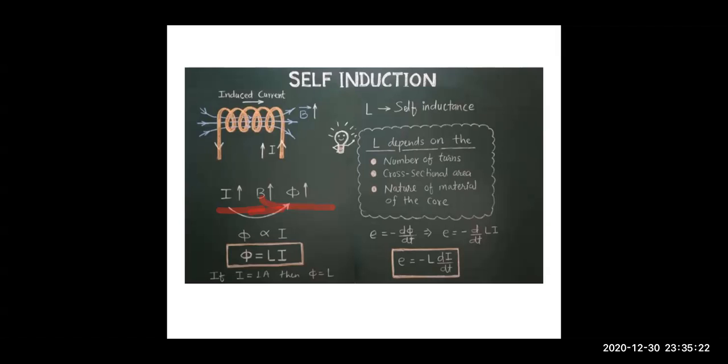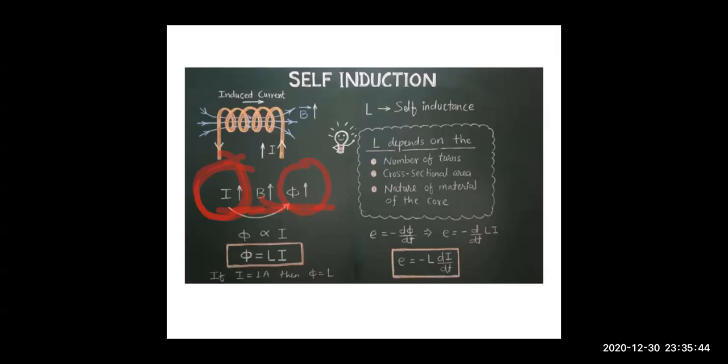Right, children? So what will be its direction? What is the reason for production of the induced EMF or current? The reason is the increase in the magnetic flux. So the direction of the induced EMF or the current will be such that it will oppose the increase in the current in the coil.